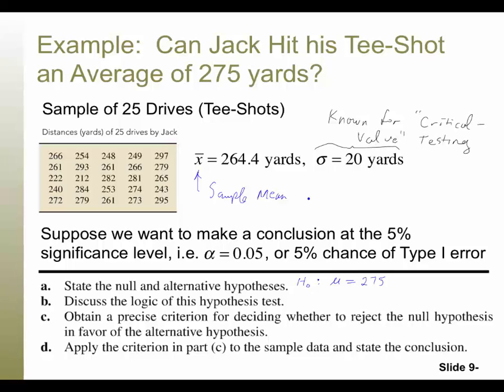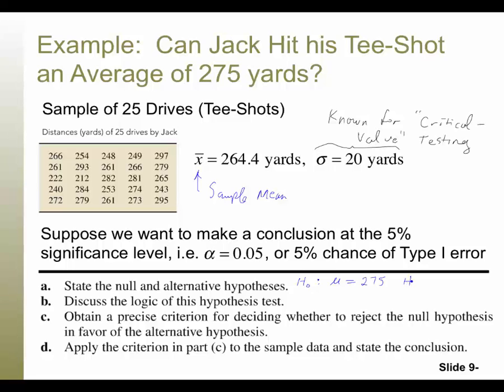If that were our hypothesis, then there wouldn't really be a test, because we know he can do that because he just did it in 25 drives. So the null hypothesis is this conjecture before he does the sample. We're saying, can he drive it on average 275 yards?